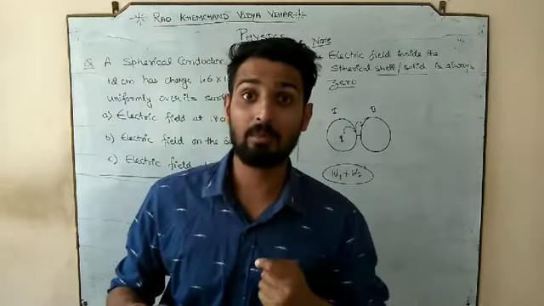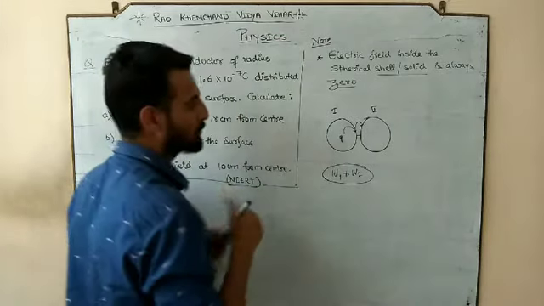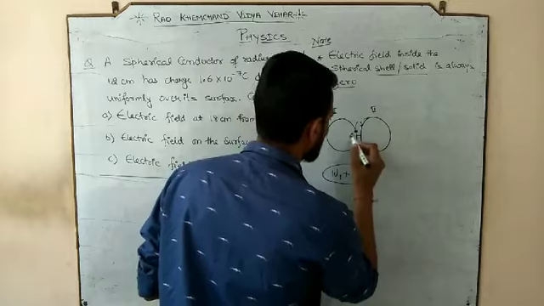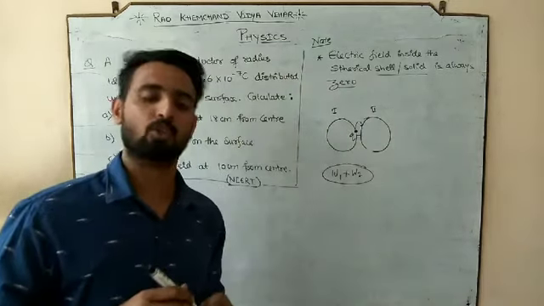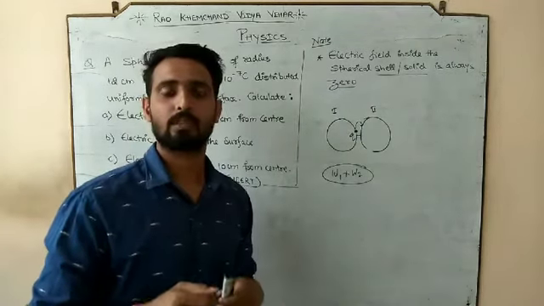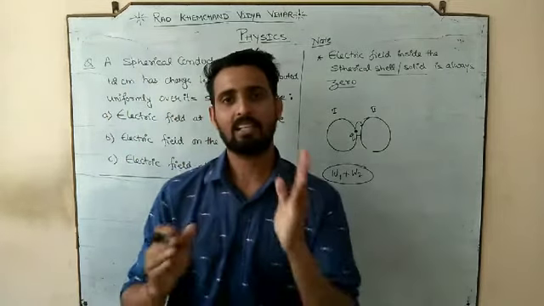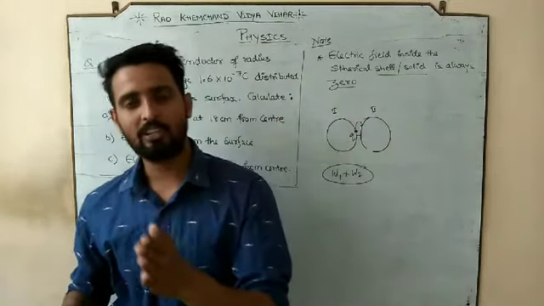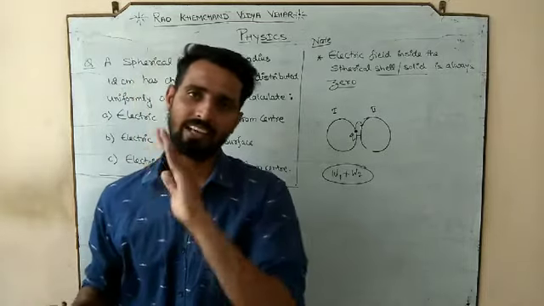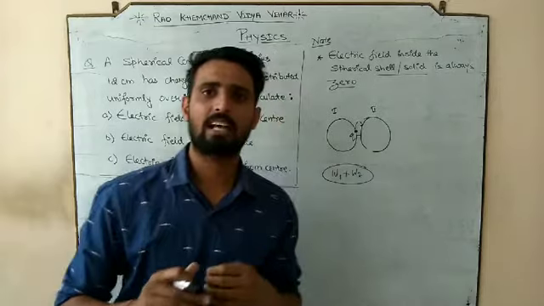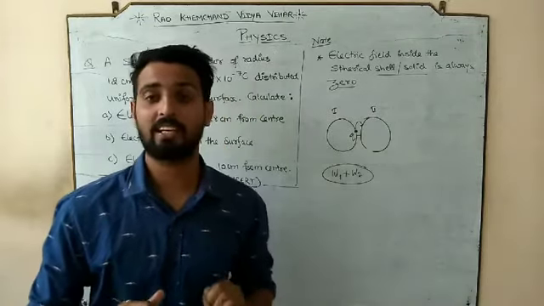And what has to be done for this? The body has to choose an option, and that option is that the body has to acquire the charge over the surface itself. The body has to take a decision about where to keep its charge: whether to allow its charge to be placed inside, or to keep it on the surface. And the body will decide to keep its charge on the surface.